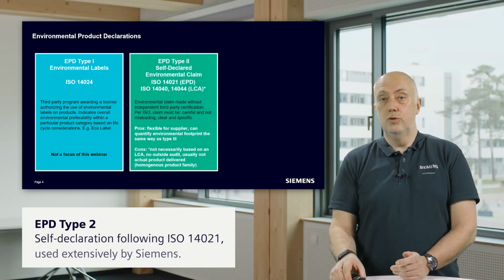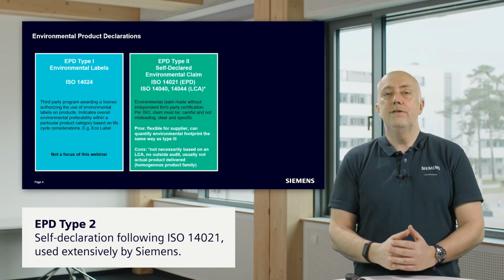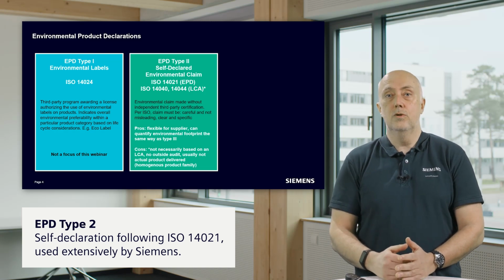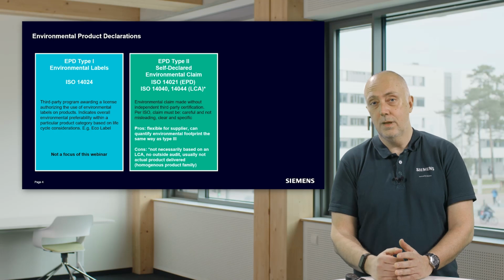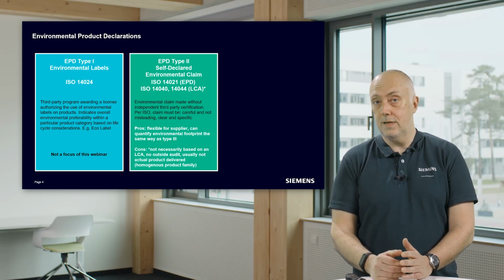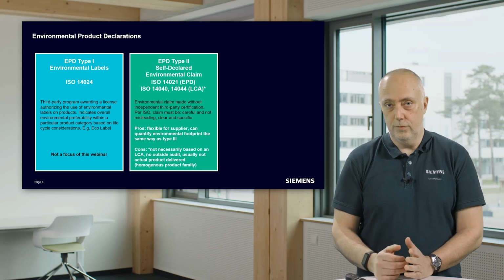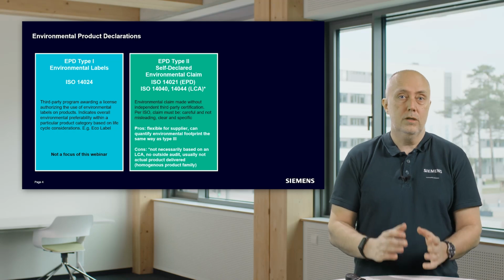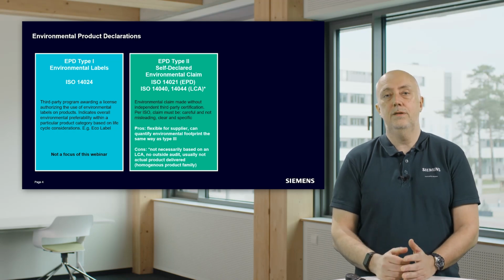Now, the type 2 EPD is a self-declaration from the manufacturer. This kind of EPD must follow ISO 14021, but does not mandatorily require having an LCA. ISO 14021 mandates that the claim must be careful, not misleading, clear, and specific.